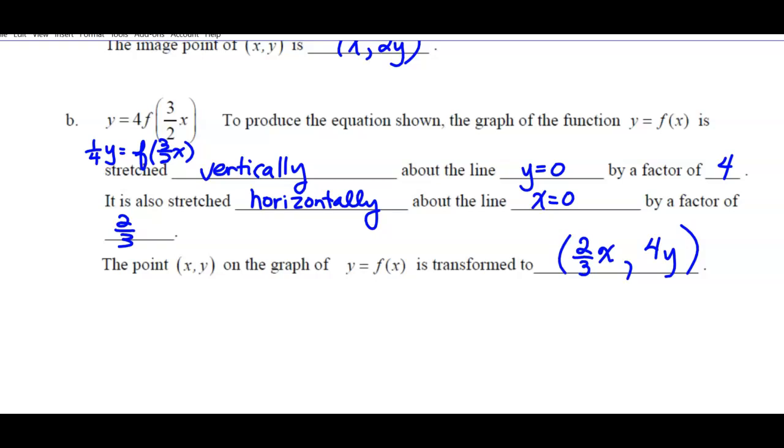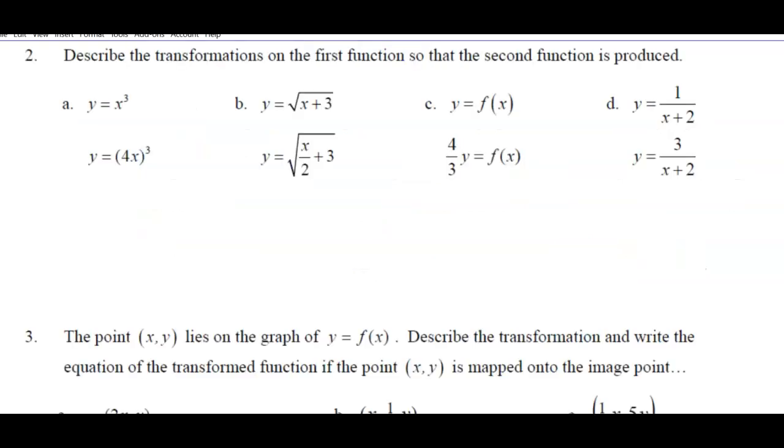Okay. Take a look at question 2. Describe the transformations on the first function so that the second function is produced. Okay, so starting with y equals x cubed, just look for what's been replaced. So look for the brackets. X is now 4x.